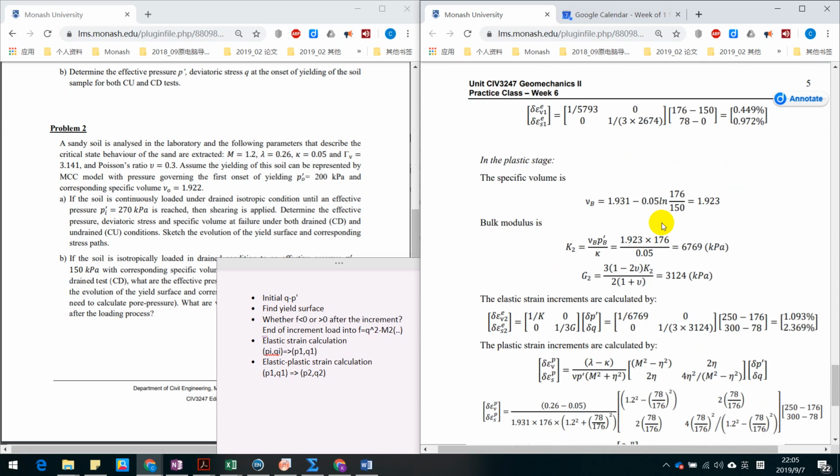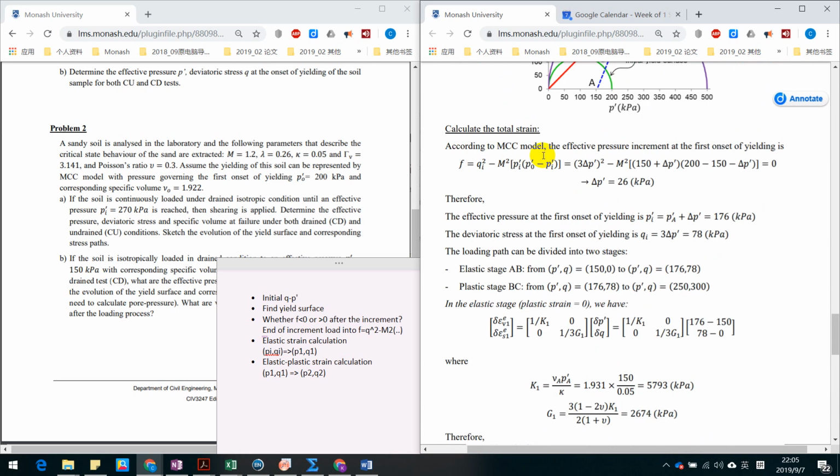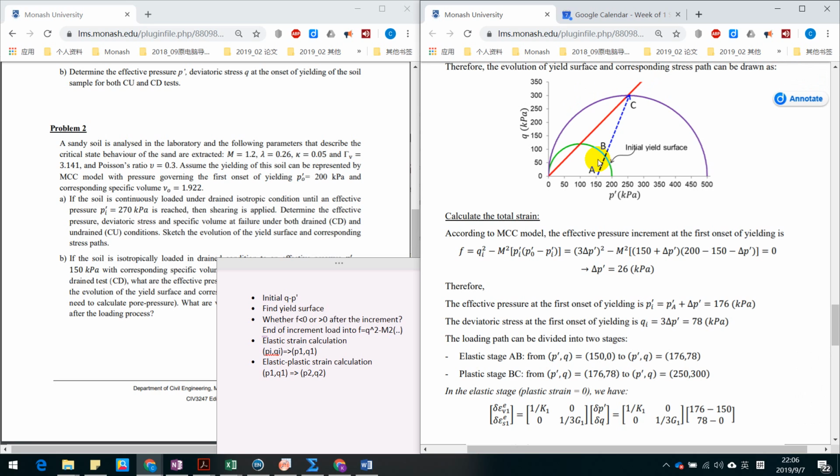Okay, and from B to C, we have to calculate both elastic strain and plastic strain. When we're calculating from B to C, the initial state is stage B, where we have to plug in the parameters corresponding to stage B, and it's here.